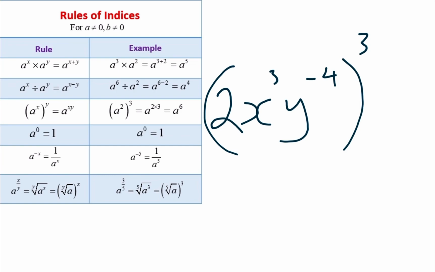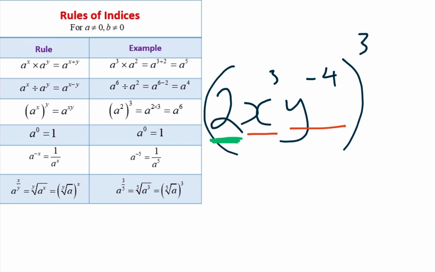Power with power, we multiply. But before we do that, because this is worth around 2 marks, and if you notice, you've got a 2 here, x to the power of 3, and y to the minus 4. You've got 3 items over here, and they're worth around 2 marks. And generally, a lot of students do score 1 out of 2 because they don't focus on the 2 in the front, or the number in the front.